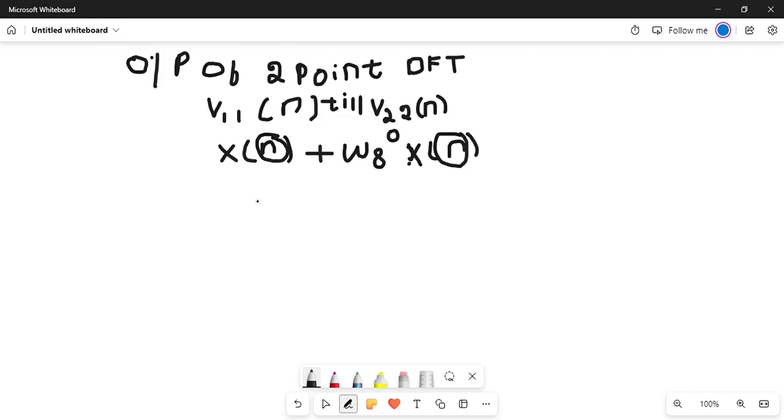And for the output of the 4-point DFT, we have already learned the basic equation.